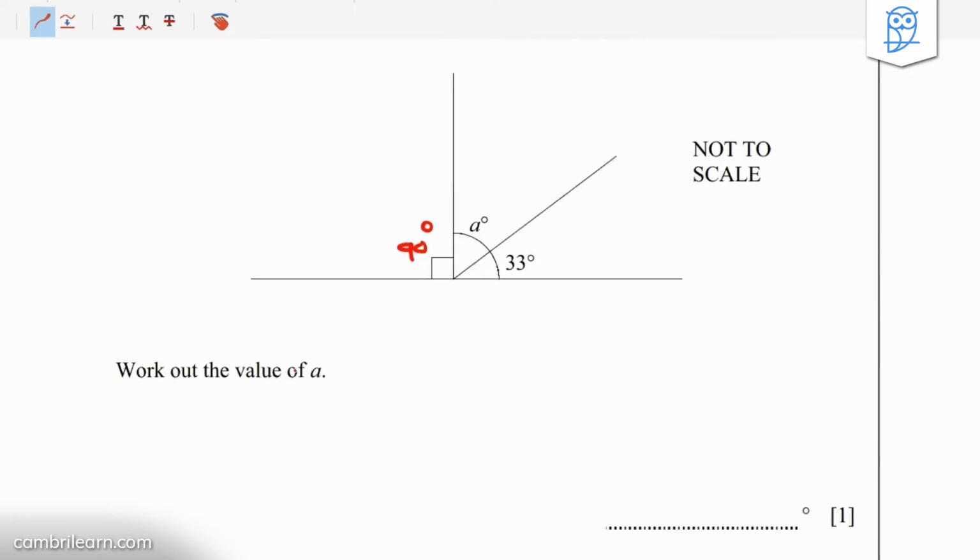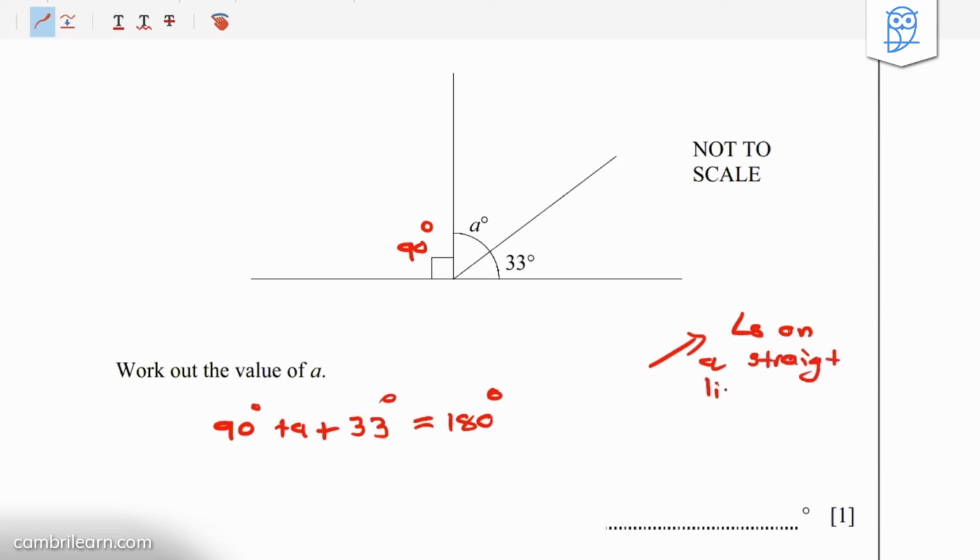So what we can do is say, we know that 90 degrees plus a plus 33 degrees has to give us 180 degrees. Okay, and what is my reasoning behind this? My reasoning is just angles on a straight line. Always think of your reasoning behind it: angles on a straight line. So how do we do this now?